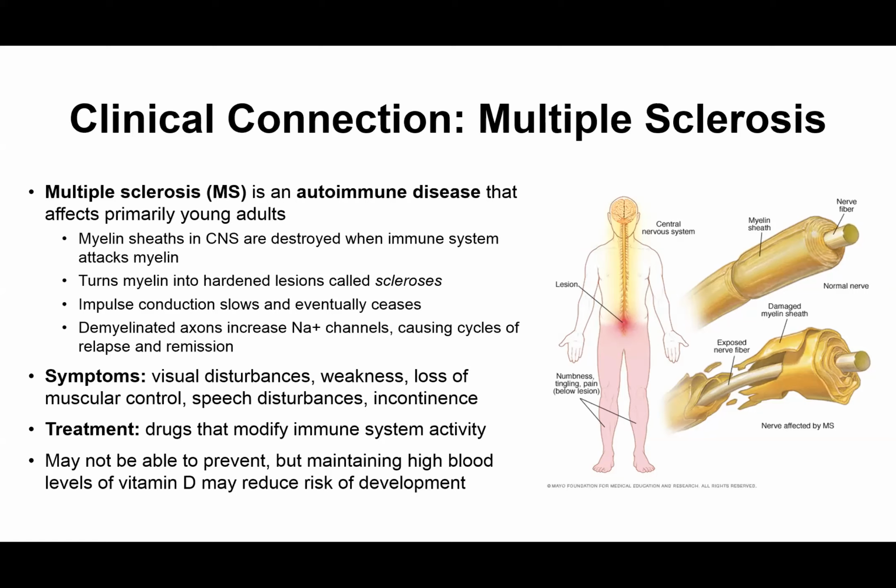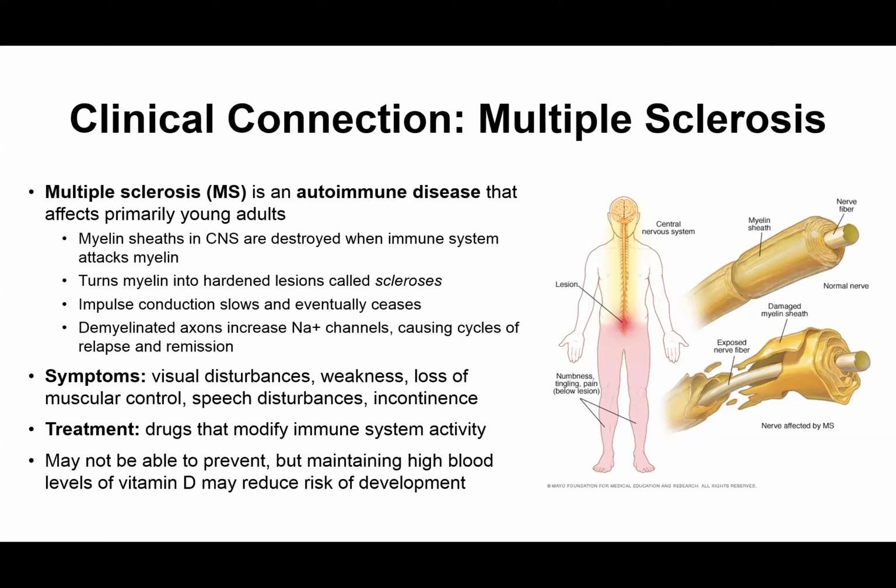Some of the symptoms a person with MS might have are visual disturbances, weakness, loss of muscle control, speech disturbances, and incontinence. A lot of things involving voluntary actions, especially in the muscular aspect, are going to be disturbed.